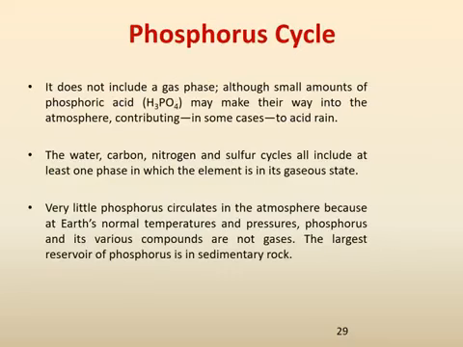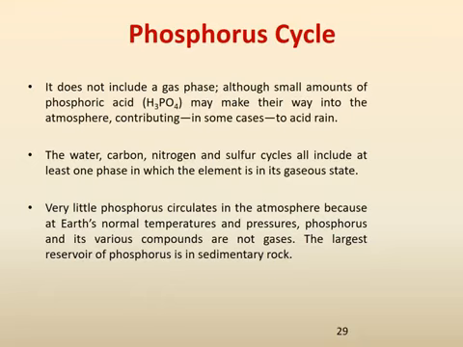Phosphorus cycle. The phosphorus cycle differs from the other major biogeochemical cycles in that it does not include a gas phase, although small amounts of phosphoric acid may make their way into the atmosphere, contributing, in some cases, to acid rain.